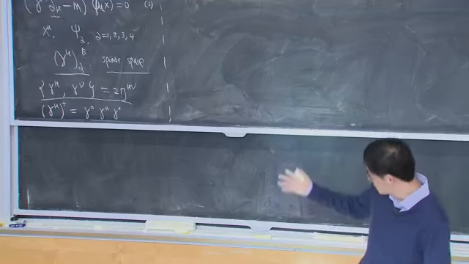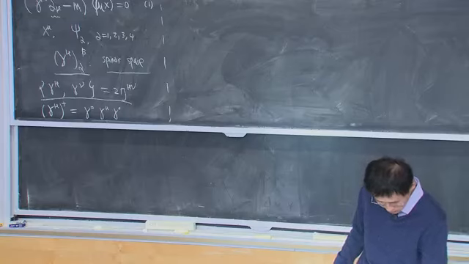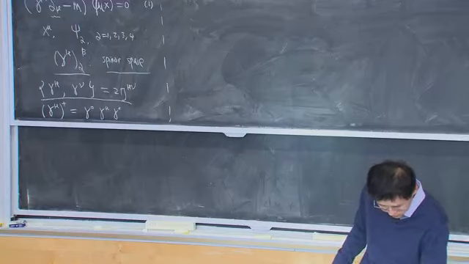For certain problems, certain choices of gamma become more useful, easier to manipulate. Good. So now let's talk about the Lorentz covariance of the Dirac equation, which we started a little bit last time.